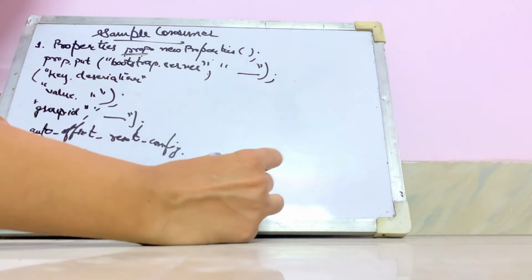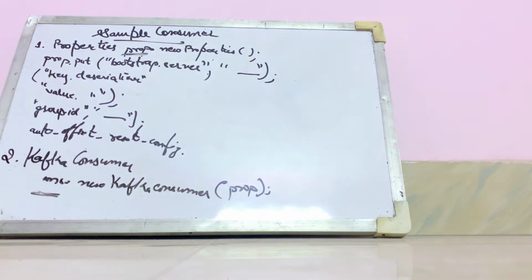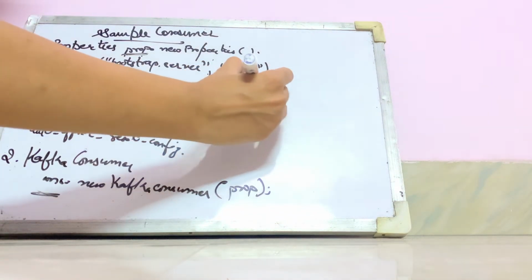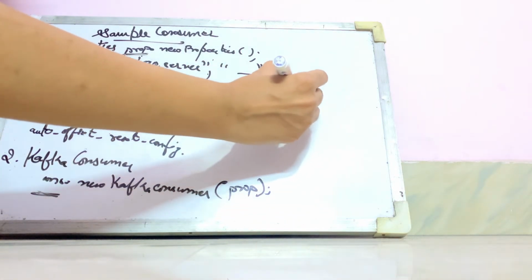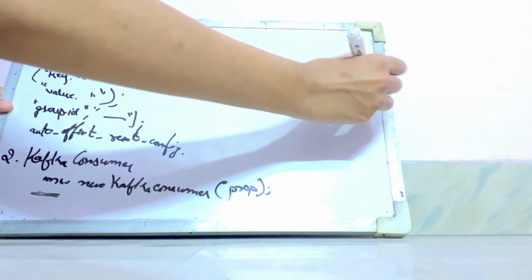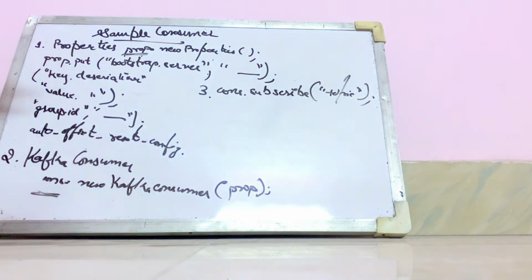Once that is set, we have not described any topic from which it should read. So this consumer which we have created has to subscribe to some topic, right? So here we will pass our topic name from which we want to read our messages.